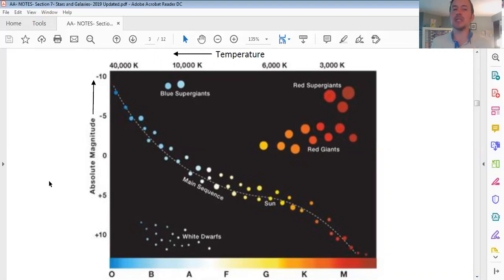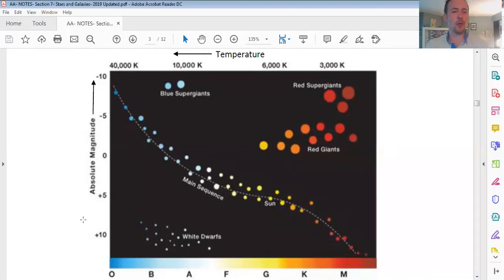You will also see this diagram sometimes, and it'll say luminosity over here. About the only brightness term you'll never see on that axis is apparent magnitude, because remember, that's the stars at different distances from us. And the whole point of this diagram is to level the playing field for an even comparison.